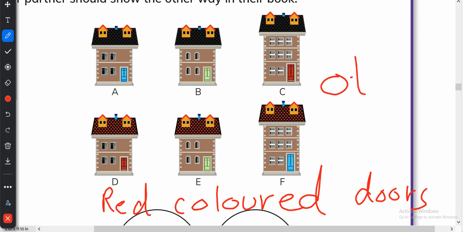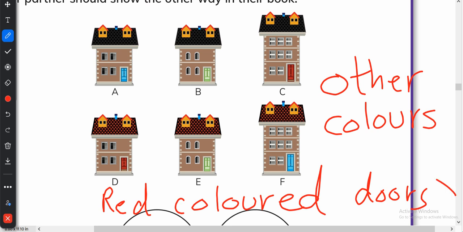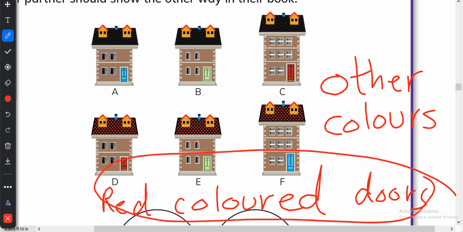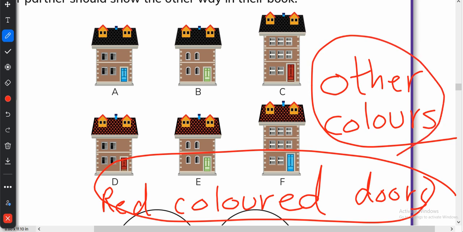Just write other. We have only two groups. That's why we will write red colored doors and other colors, right? We don't have more options to write red color, green color, and blue color.